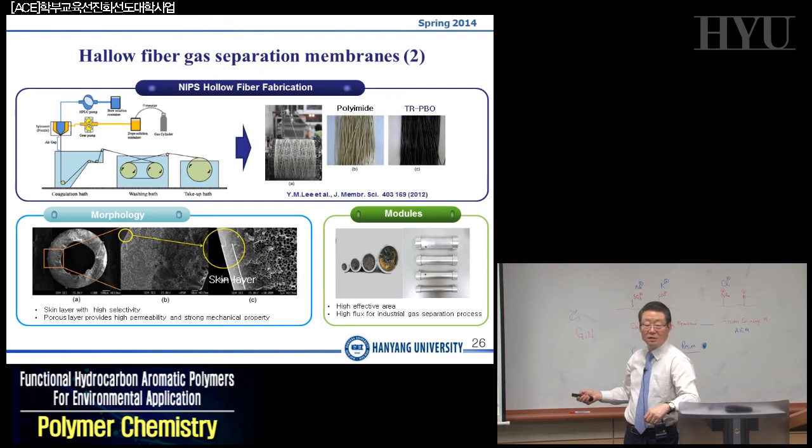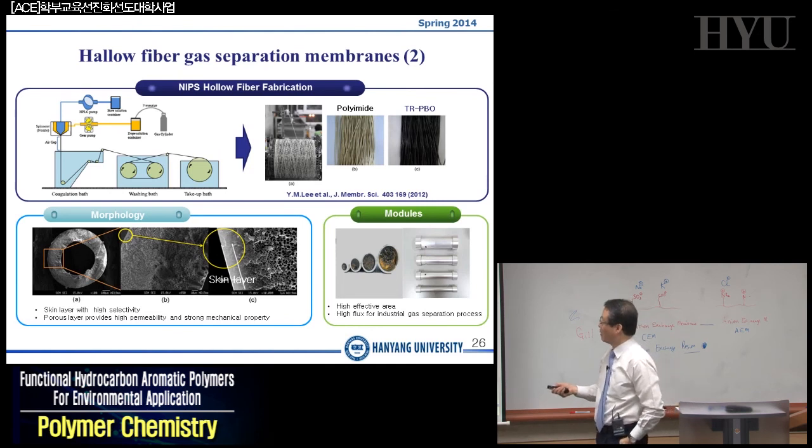So this skin is acting as a selective layer, whereas the sponge-like structure surrounding this skin is acting as a mechanical support. Okay? Not acting as a selective layer, but as a mechanical support.